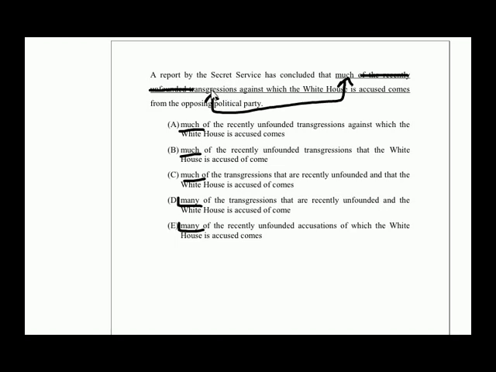So for example, you may ask a question, how much coffee do you drink? Or how many cups of coffee do you drink? Cups of coffee are a countable noun.